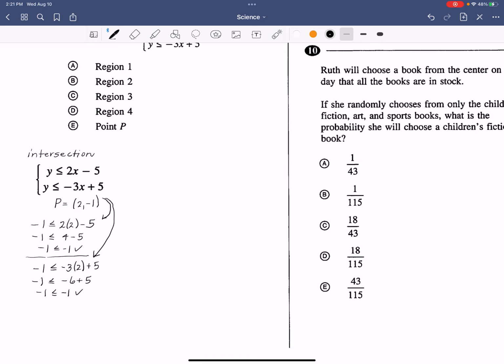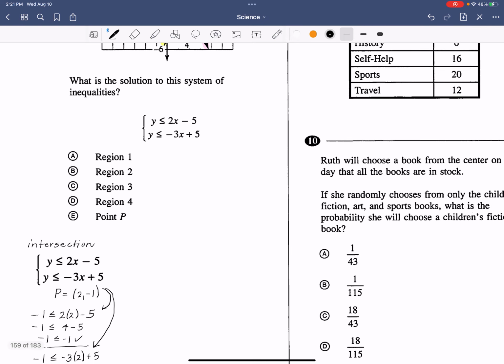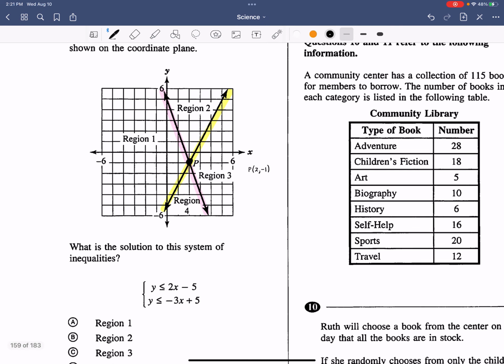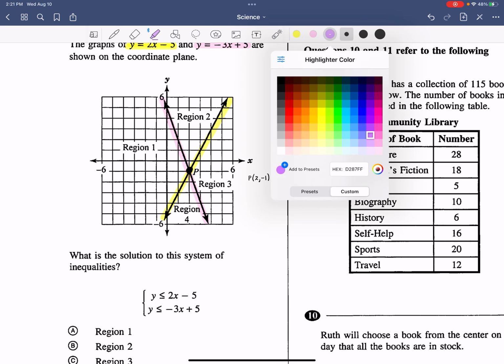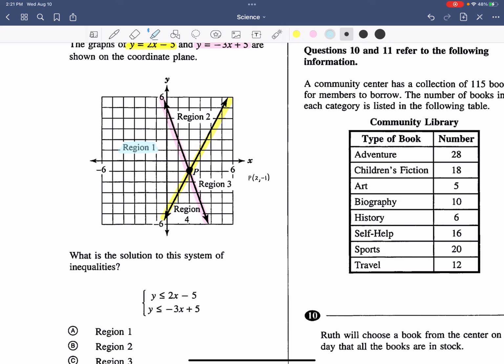Okay, so let's go back. Let's just put this one aside for a minute and look back here at region 1. So region 1 is right over here. If I were teaching students, I would actually have them highlight region 1. Make sure they truly understand where region 1 is. It's over here in this region.